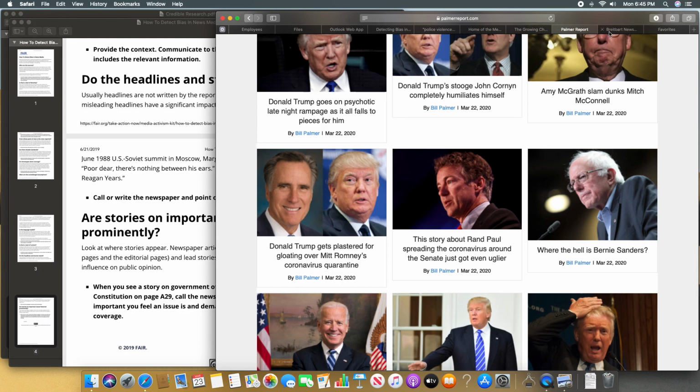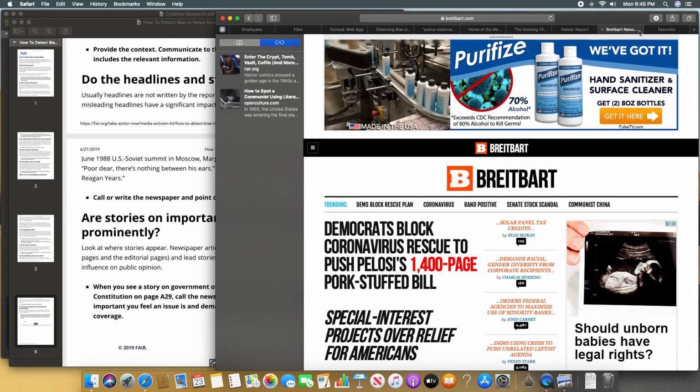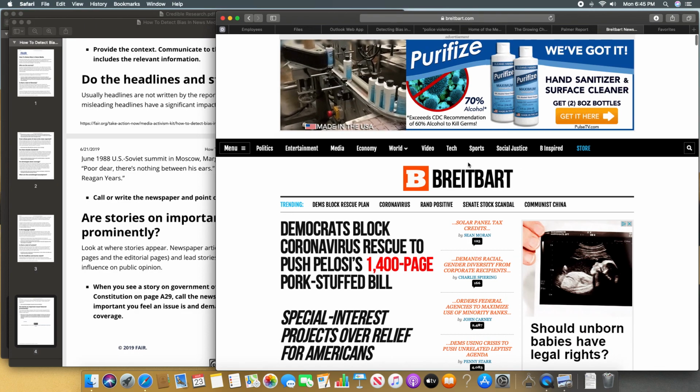All right. Let's take a peek at another one, too. Again, what's going on above the fold? Hand sanitizer, an ad. Are you kidding me? Big ad, taking up a lot of space above the fold.